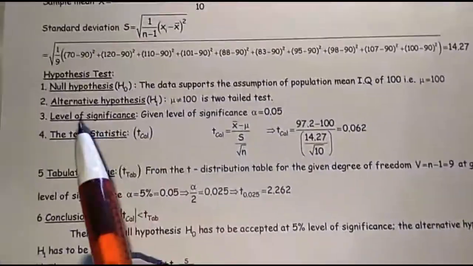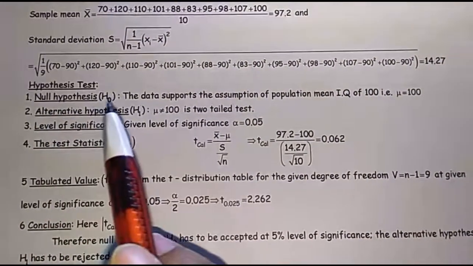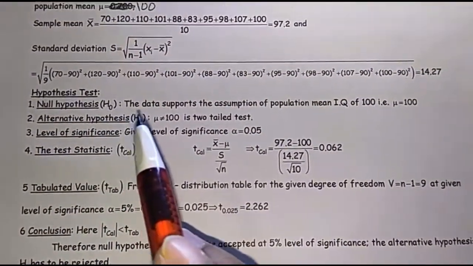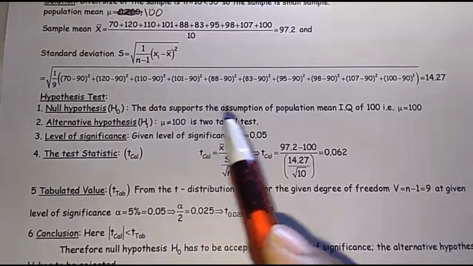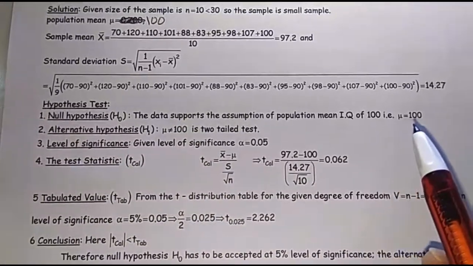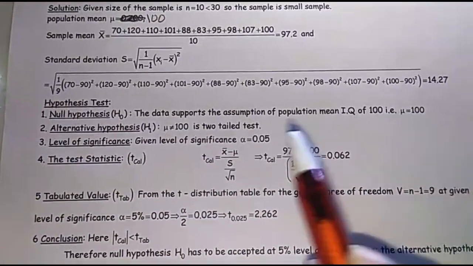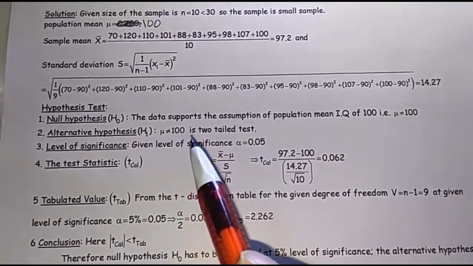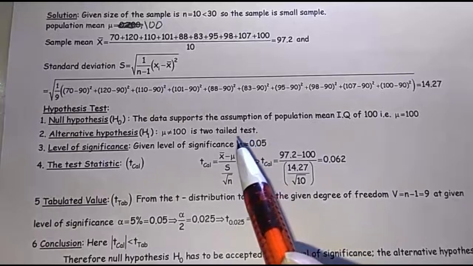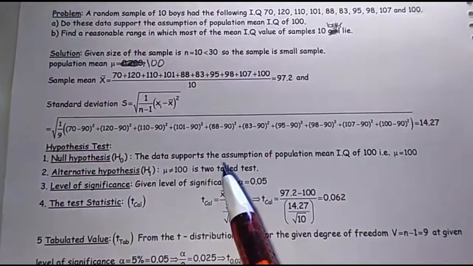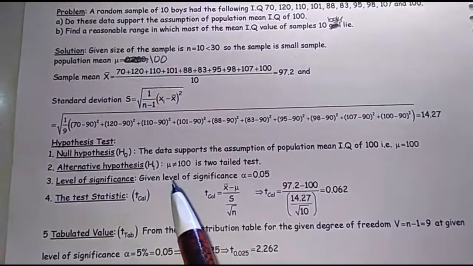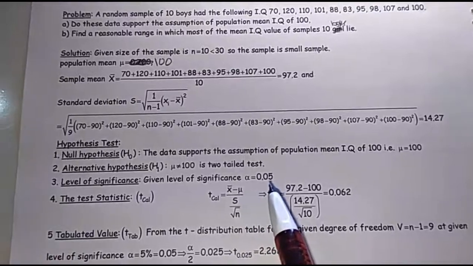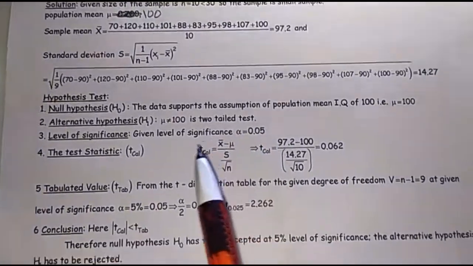Now coming to the hypothesis test, null hypothesis H0 always says that there is no significant difference. That means the mean IQ is 100, that is mu equals 100, and alternate hypothesis is clearly mu not equal to 100, so it is a two-tailed test. Level of significance in this problem is not given, so we take level of significance as alpha equals 5%, that is 0.05.